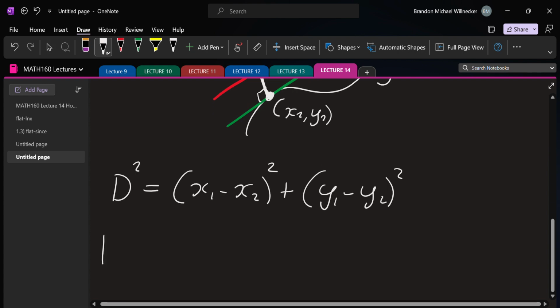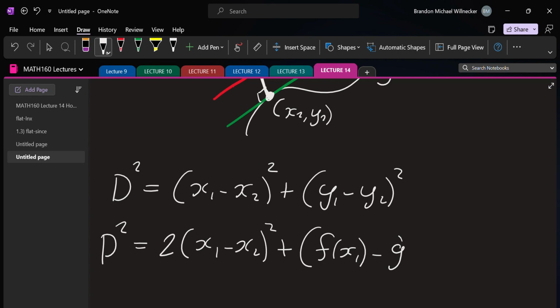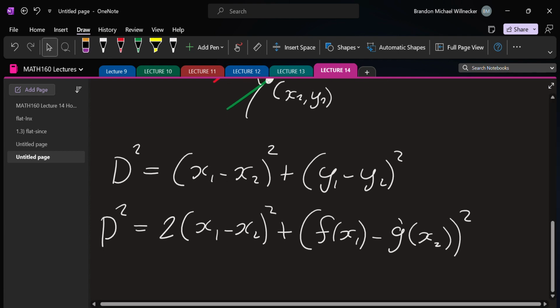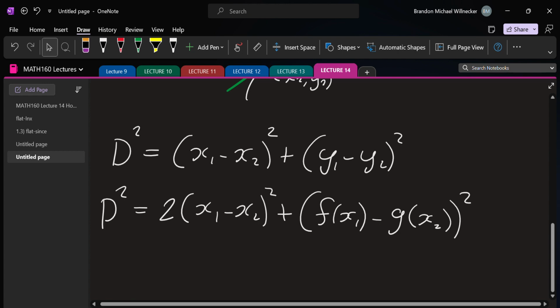Y2 is on the graph g, so it's g of x2. So this is going to be x1 minus x2 squared plus f of x1 minus g of x2 squared. Okay, everyone with me still?